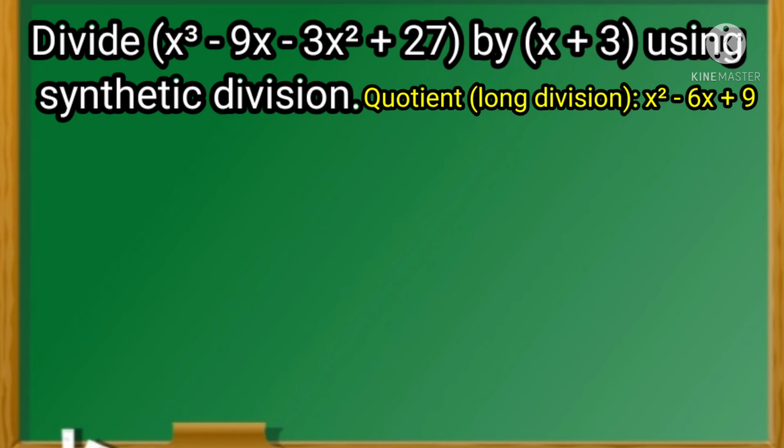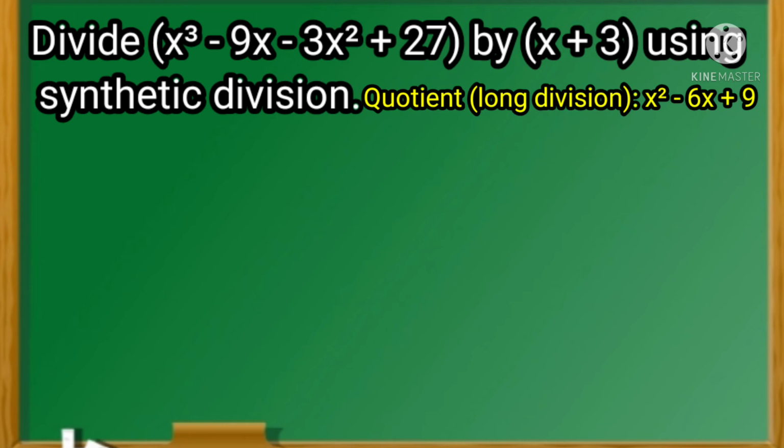Divide x cubed minus 9x minus 3x squared plus 27 by x plus 3 using synthetic division. These polynomials are the same as the example of long division. Let's find out if synthetic and long division will give us the same quotient.